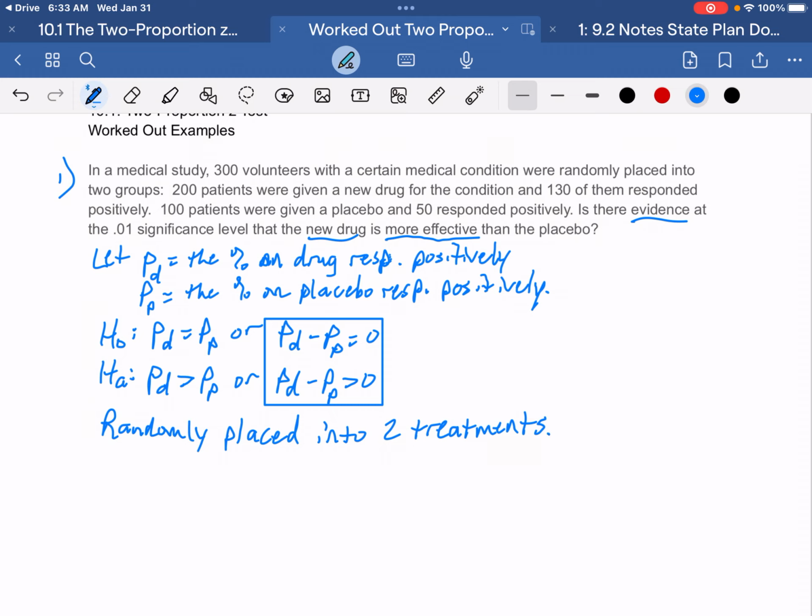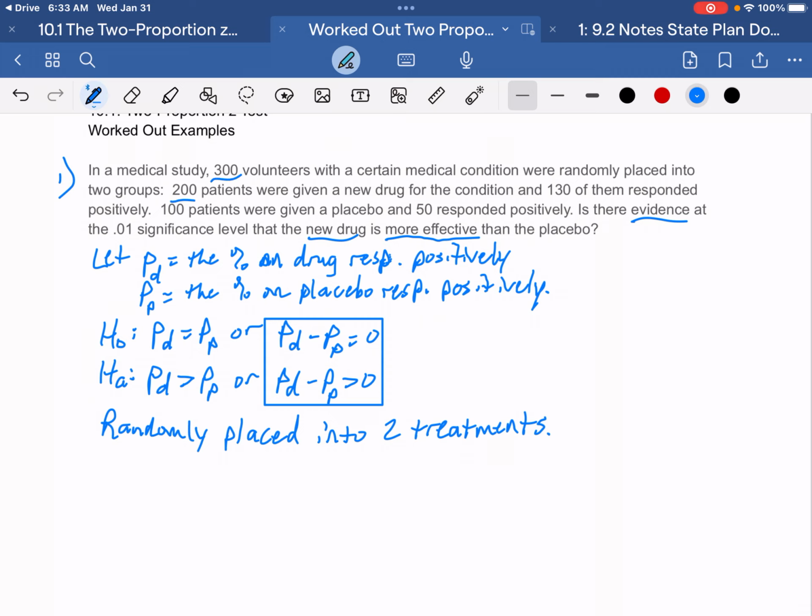Okay, let's see, the 10% rule. Let's see, there's a total of 500 patients who were involved in this study. So I don't have to necessarily talk about each one separately. I can just kind of combine the 2 this time.